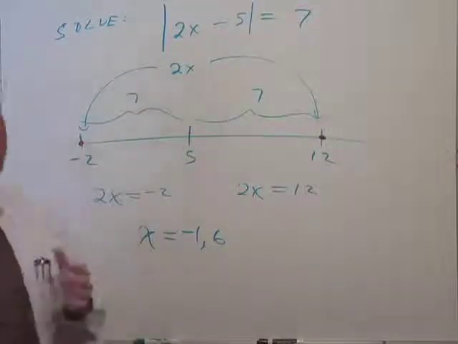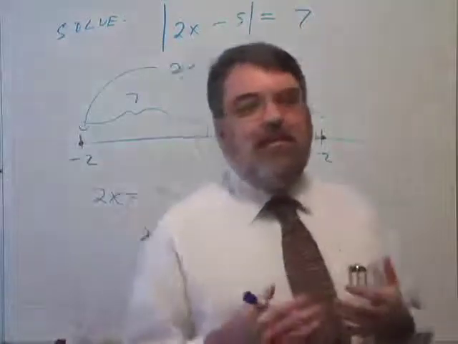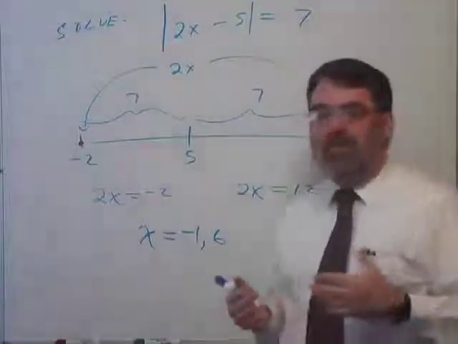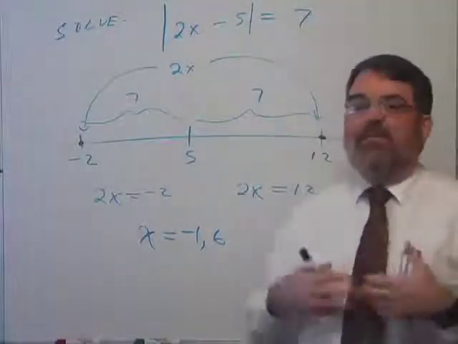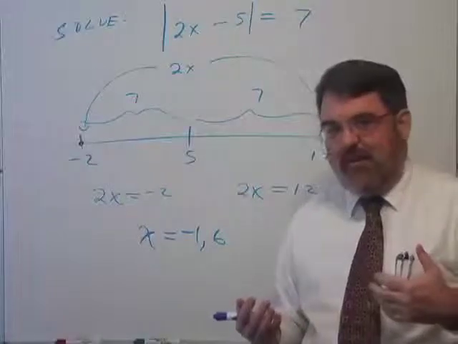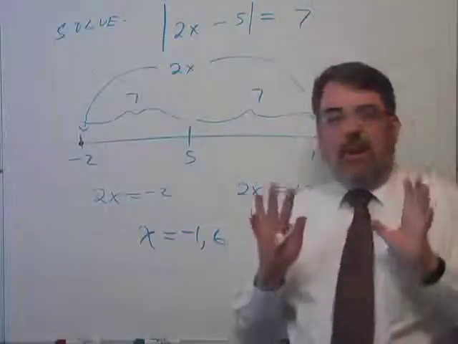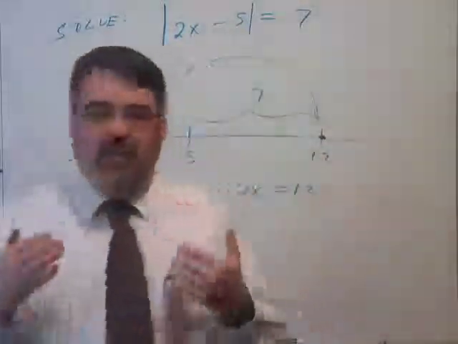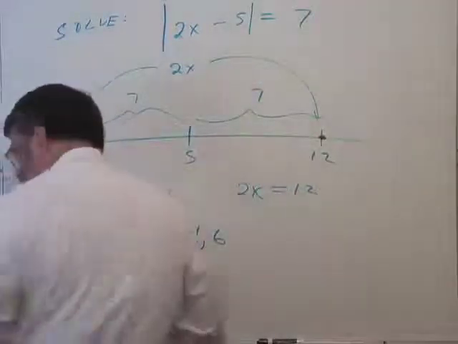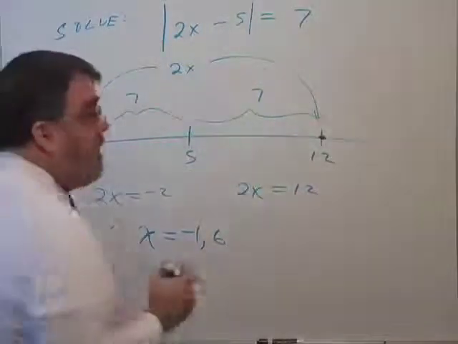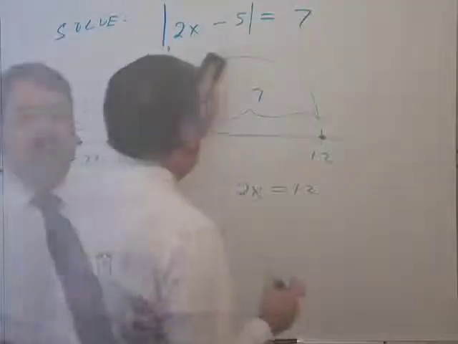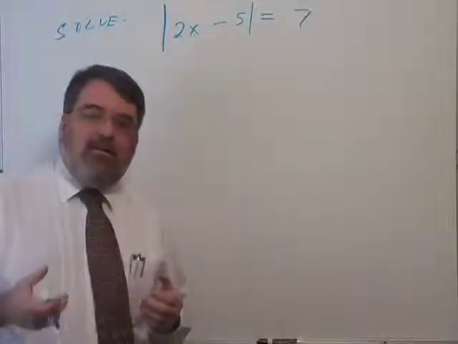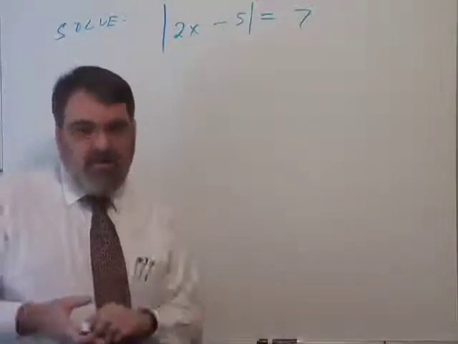I think there's probably a little simpler way of looking at this. I wanted to first show you something that was consistent with the definition I gave you in the last video for absolute value. But now let's adapt that and think of this a little differently. So this might be a less complicated way of working this problem. Here's how I want to think about this problem.